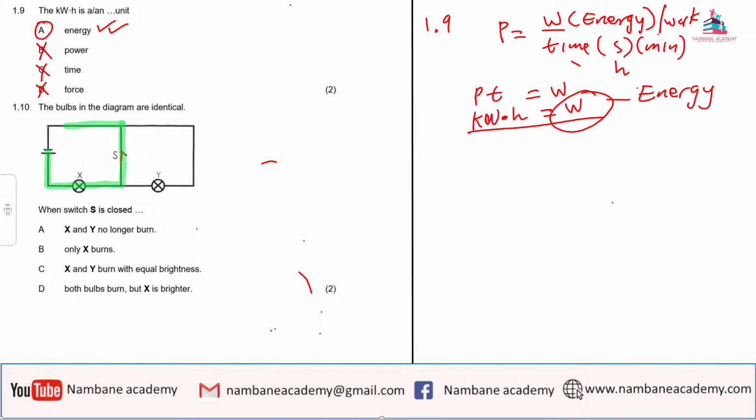No, because the current is not passing at Y. Both bulbs burn, but X is brighter. No, because the current will pass at X and go to S, not go to Y. What does that mean? Only X will burn. So the only correct answer, ladies and gentlemen, in this particular one is B. B is the only correct answer.